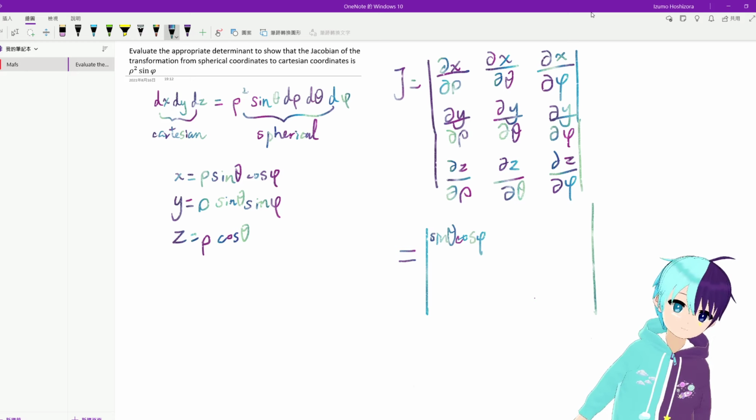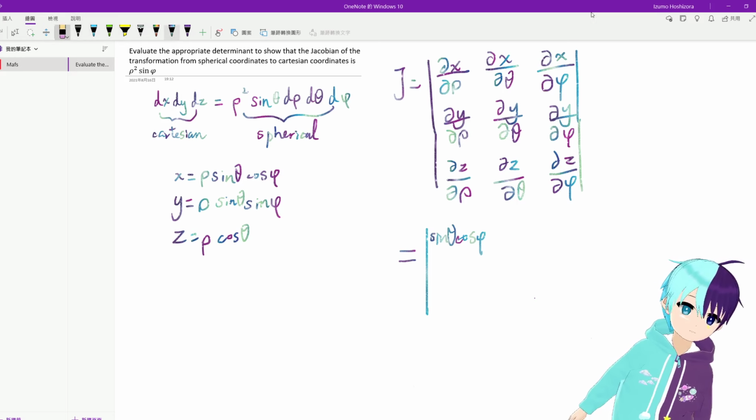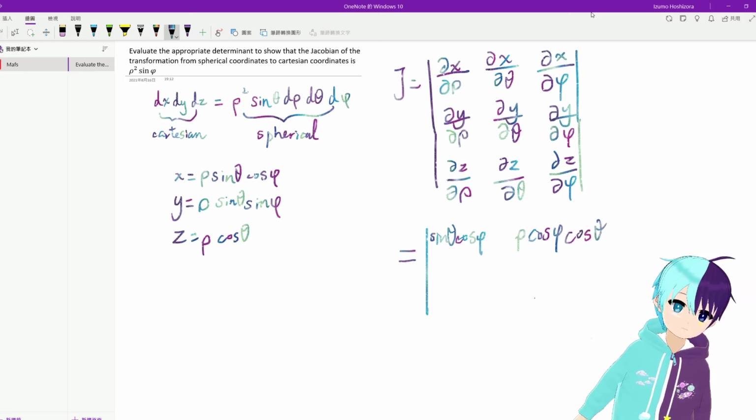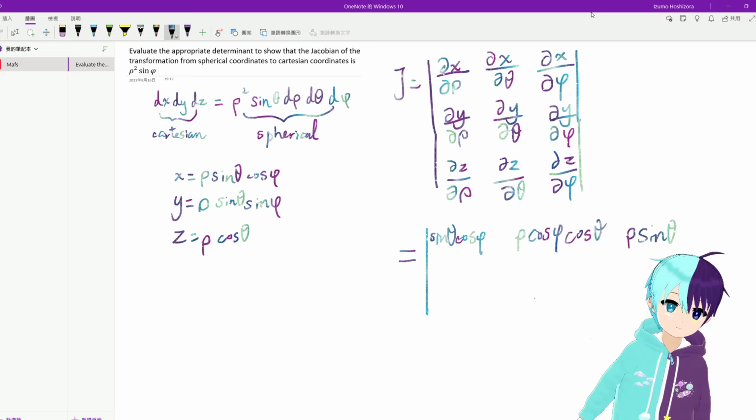So it would be rho cosine phi, and then we differentiate with respect to theta, so it will be cosine theta. For the third item with respect to phi, it will be rho sine theta, and then differentiate cosine phi, so it will be minus sine phi.